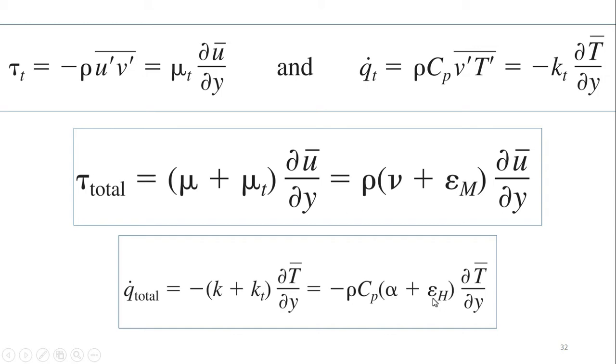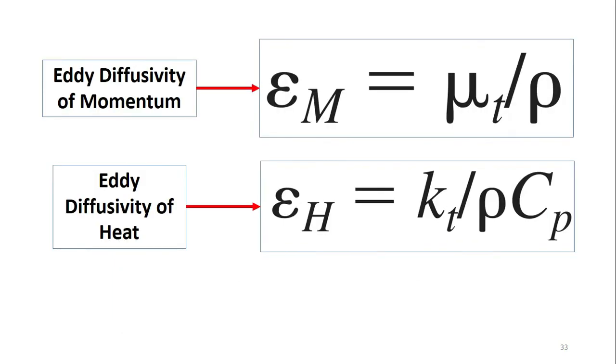And epsilon h is simply known as the eddy diffusivity of heat. So these are the expressions for the eddy diffusivity of momentum, which can be expressed as mu t divided by the density.